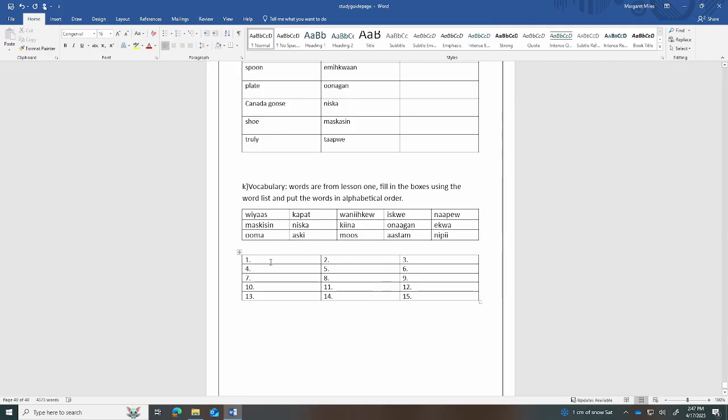So you would put it under number 1, Astam. Number 2, Aski. And so on. So you fill this whole chart using the words. There are 15 words.